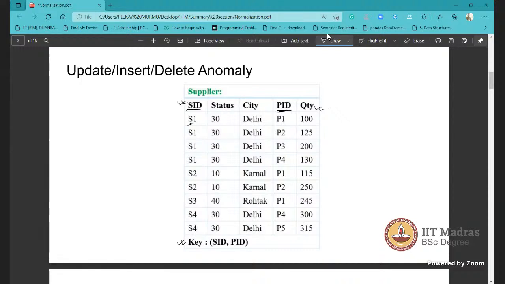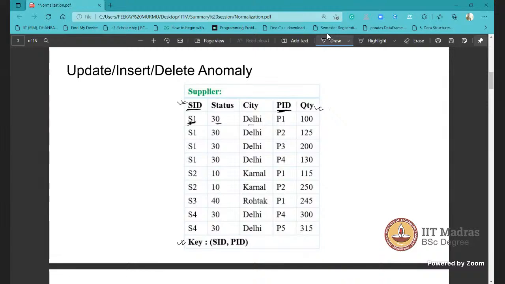These two uniquely identify each and every tuple, right? Here you can see the SID is S1 and lives in the Delhi city.